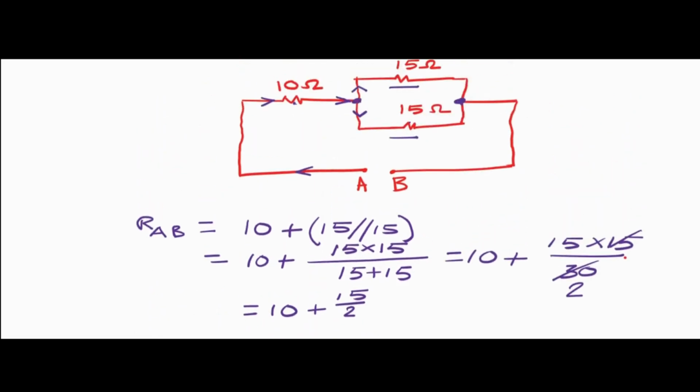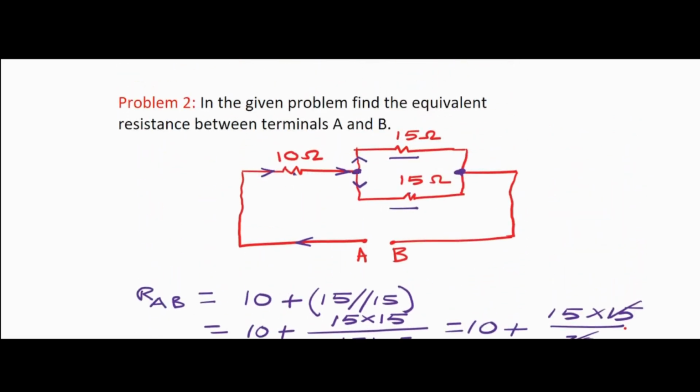So again I am explaining this problem. Here, how will you consider these two 15 ohm resistors to be parallel? Because the current comes out from terminal A, if we consider there is a current source present across terminals A and B, with which we can calculate the equivalent resistance. How will you decide which one is series and which one is parallel?